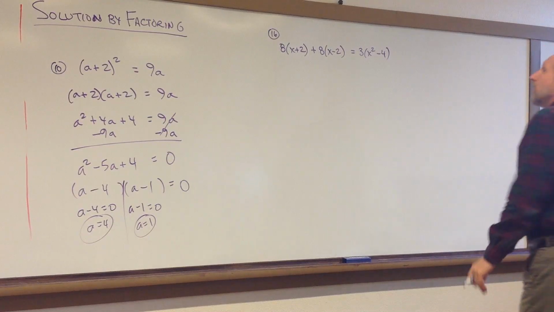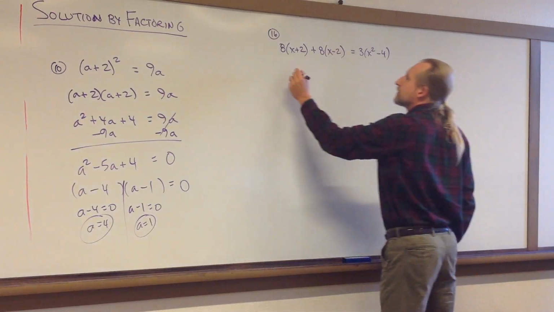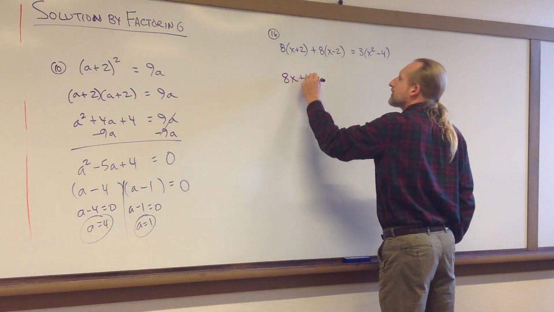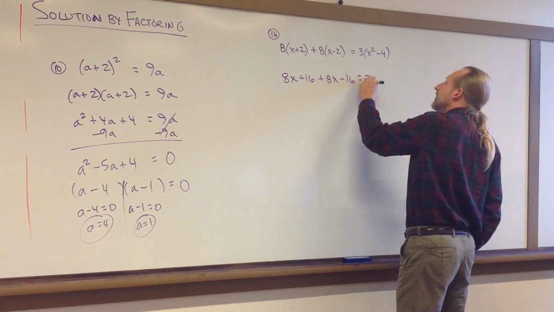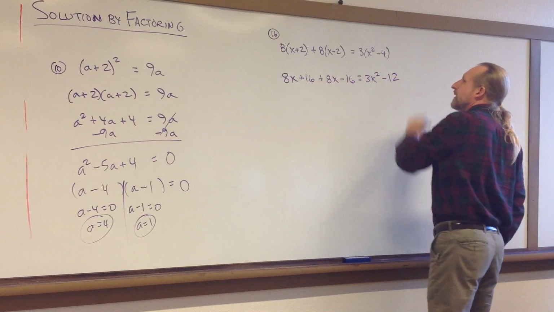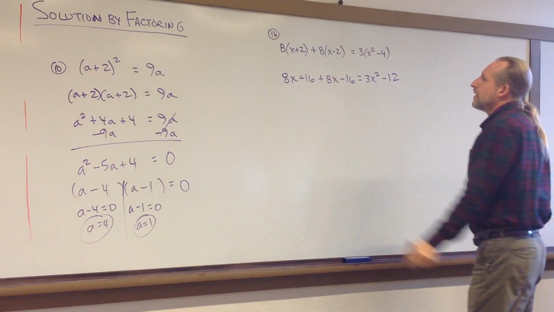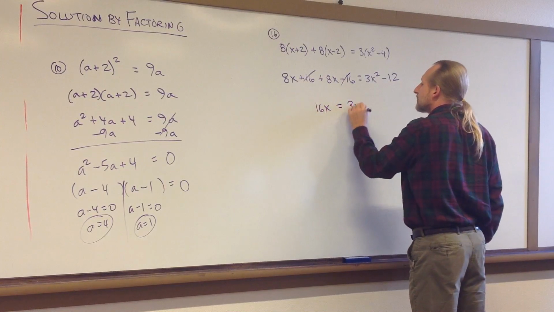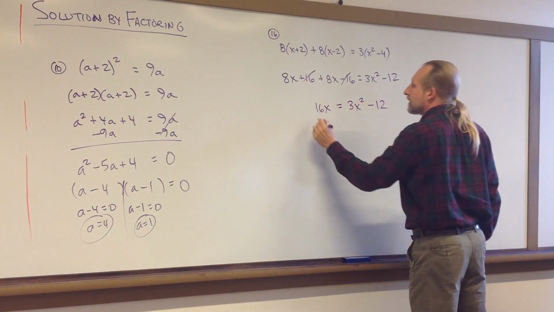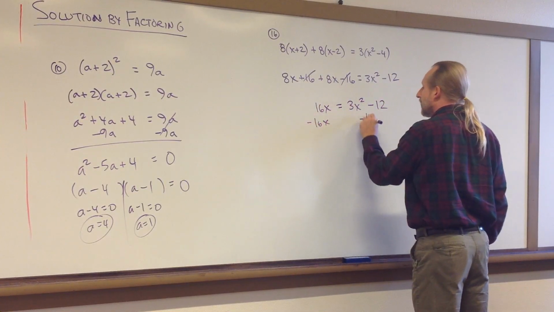All right, so we just need to distribute all of these. So this will be 8x plus 16 plus 8x minus 16 equals 3x squared minus 12. So these cancel out, and we end up with 16x equals 3x squared minus 12.